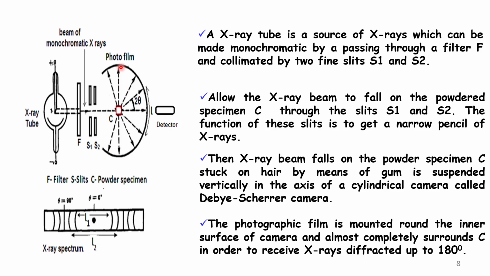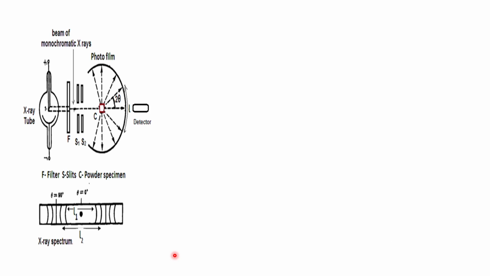So there is the formation of concentric rings due to the diffraction here, and after 180 degrees there will be the formation of cones or rings due to the reflection of the incident beam from the powder specimen.